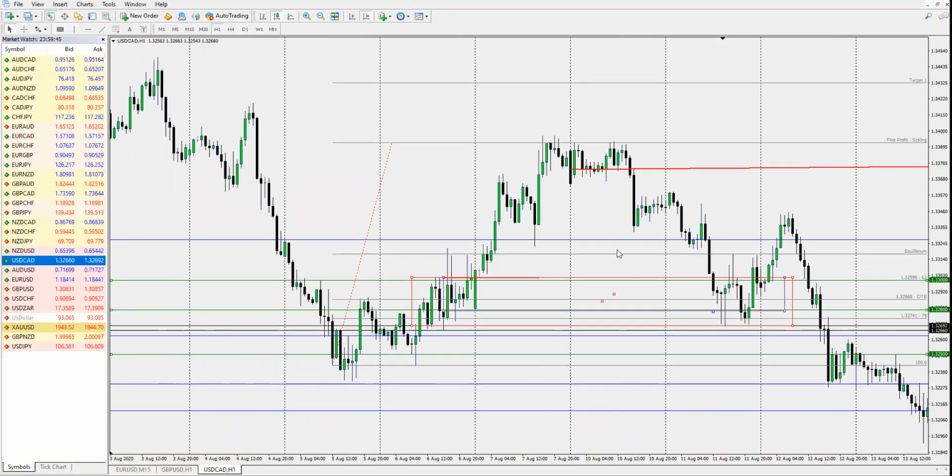So now I have 2 daily order blocks. I have a 4-hour order block. That's 3 confirmations. Now I have an IPL. I also have my fibs. So just for this specific trade, I have 5 confirmations to take the trade for a buy over here.